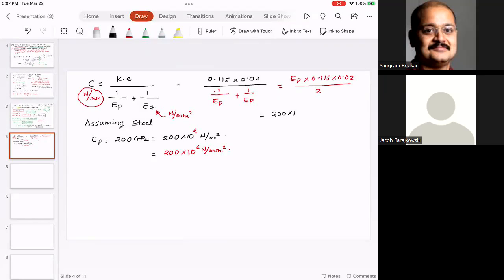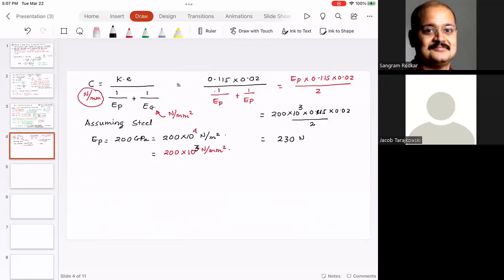200 times 10 to the power 3 times 0.115 times 0.02 divided by 2. Now tell me what answer you get quickly. 230.